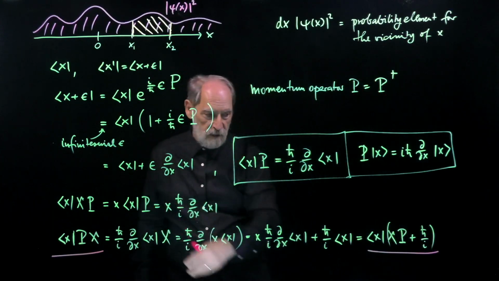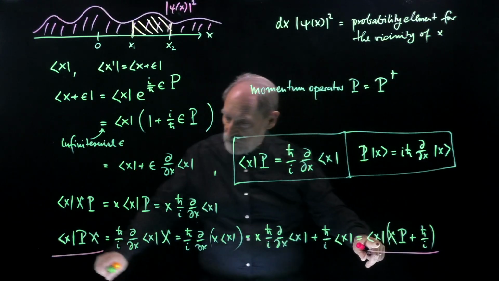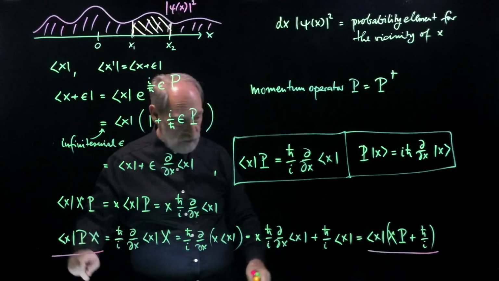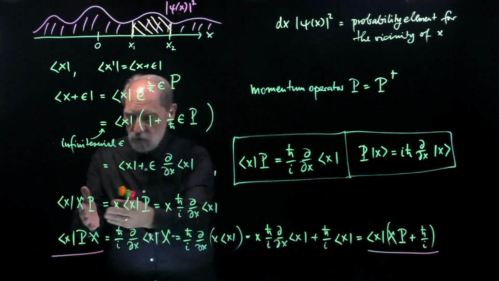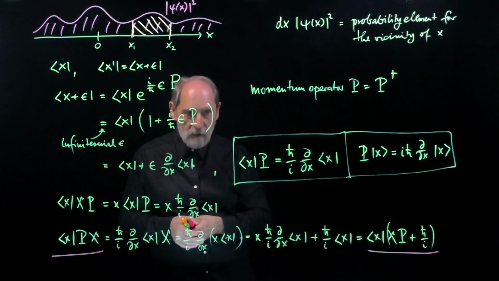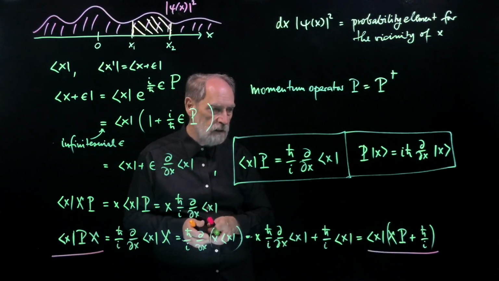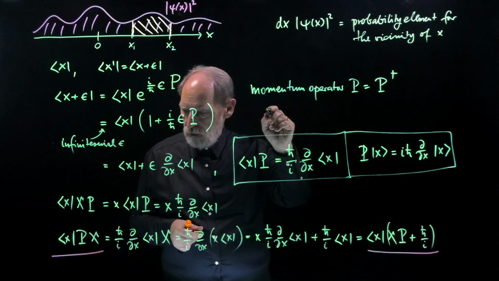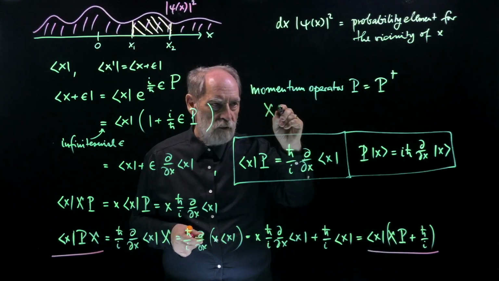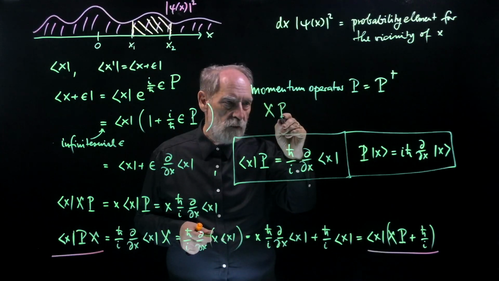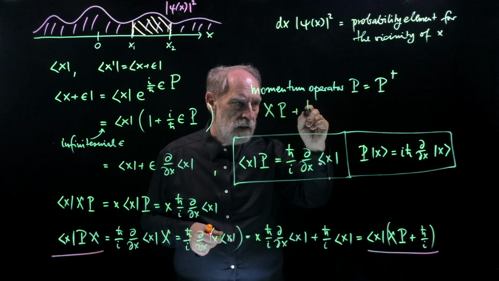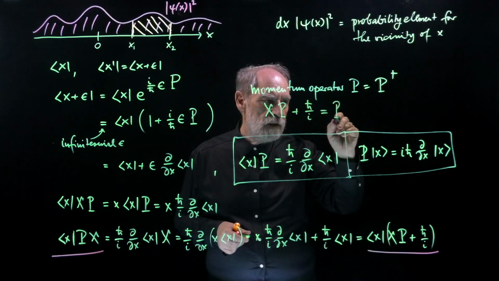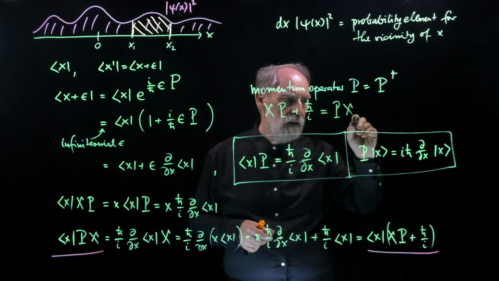But these things have to be the same, and they have to be the same for each of these position bras. And since the collection of the position bras is a complete set, the two operators have to be the same. So what we have found here is the following statement, that position operator times momentum operator plus h bar divided by i is equal to momentum operator times position operator.